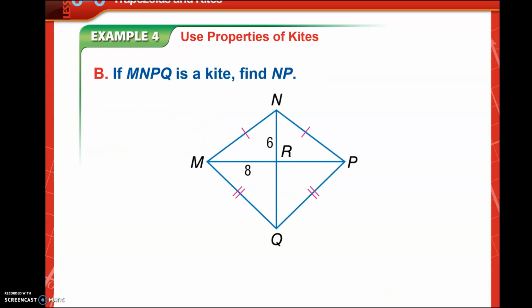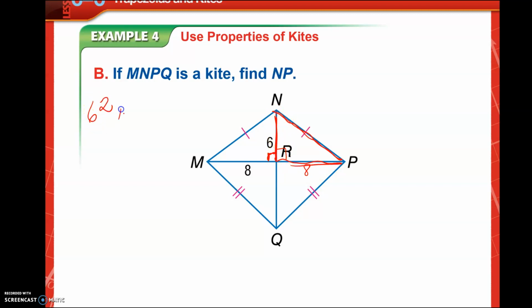Okay, here this is a kite, so that means that this is 90 degrees, and we want to find NP. So if this is 6, this would also be 8. So I can find NP, because this is 6 and this is 8, and this is a right triangle, by using Pythagorean theorem.